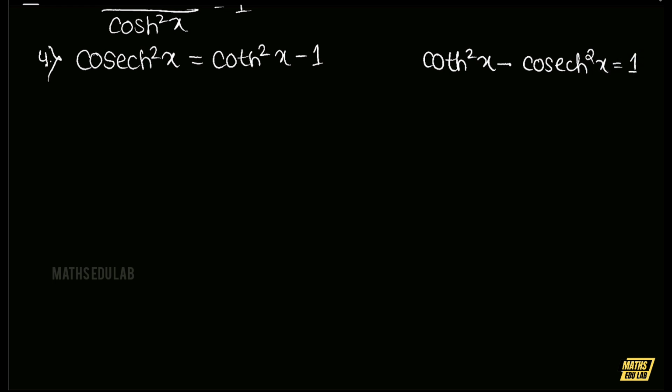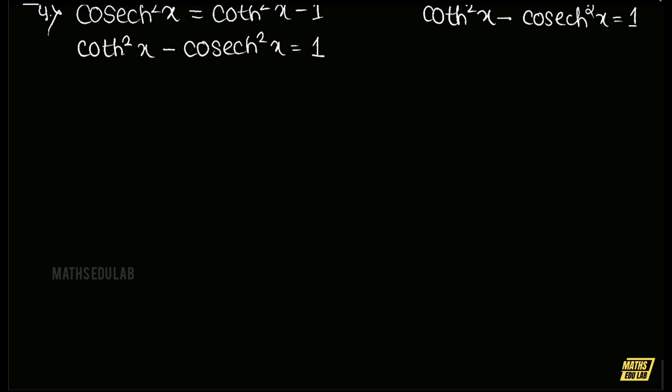So in the same way I will write it here so that we can prove the other side value. That means coth hyperbolic square x. Now take this cosech hyperbolic square x to the right hand side, so it becomes negative cosech hyperbolic square x, and the negative one, when it changes to the left hand side, the sign will be positive.